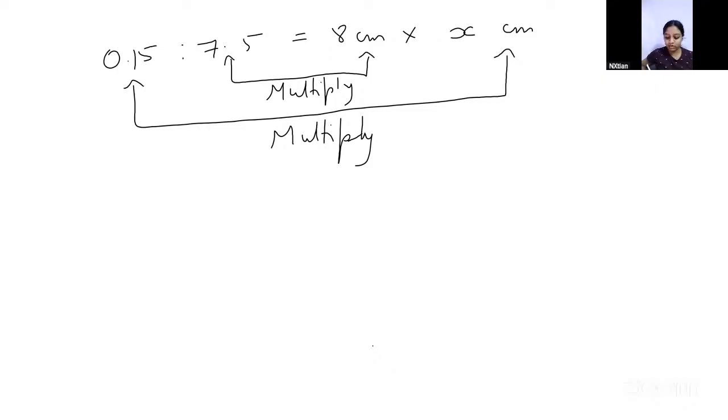Write it. 0.15x equals to. Now the middle two we will multiply. 7.5 multiplied by 8. Multiply and tell me, Joshua, 7.5 into 8 is how much?